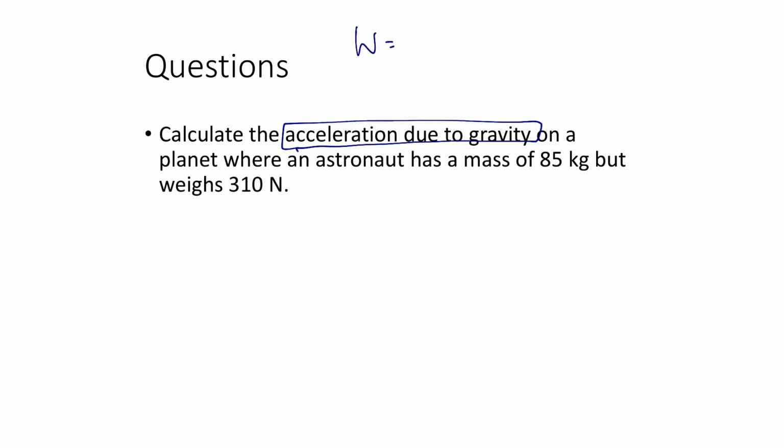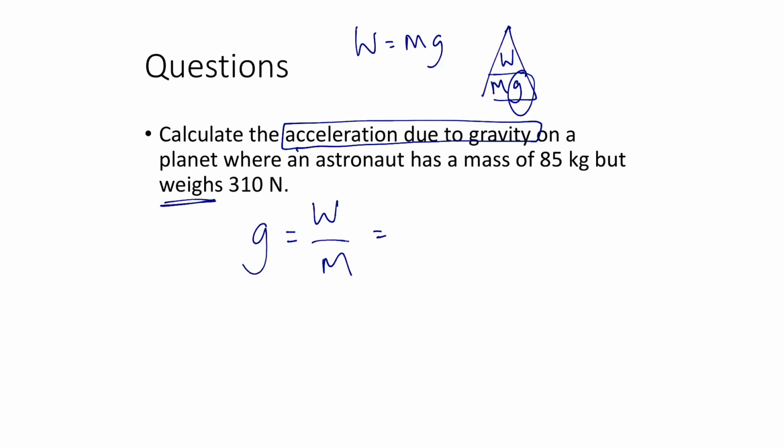Okay, weight equals mass times gravity. Turn it into a triangle. This time we want to find the acceleration due to gravity. So g equals W over m. Weight is a type of force, there's a clue there, so 310.